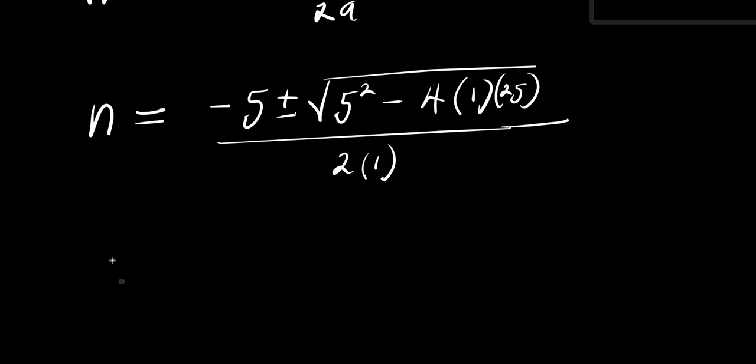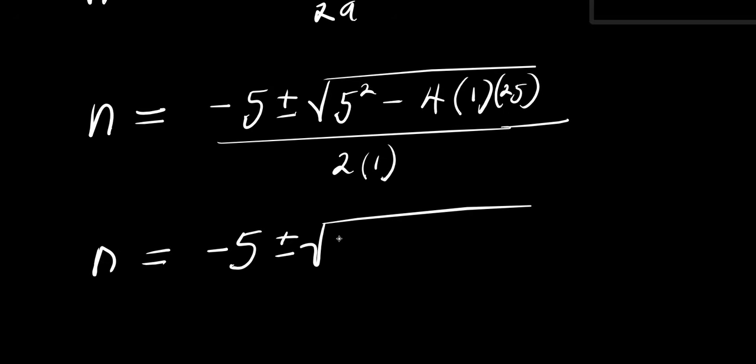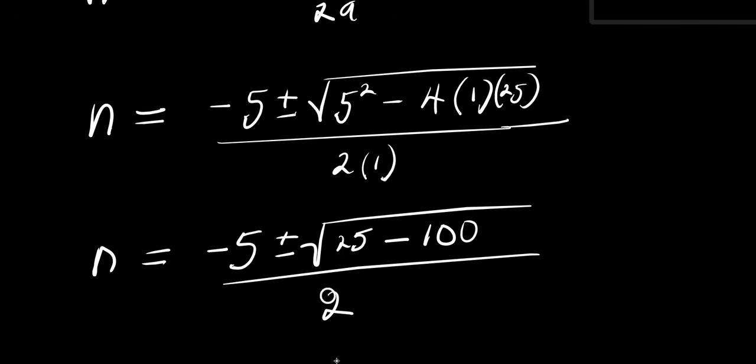So from here, I have n equals negative 5 plus or minus square root of 25 minus 100, divided by 2.